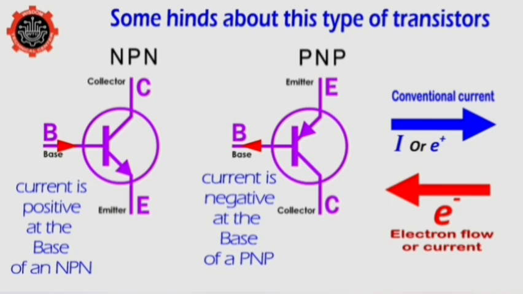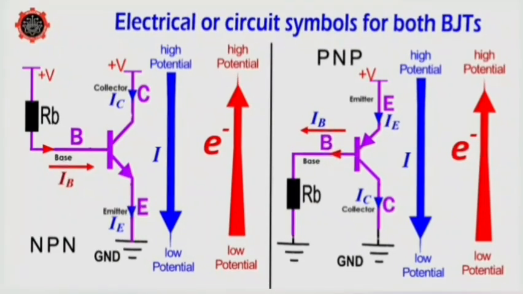Note and keep in mind that the flow of conventional current is opposite to the direction of electron flow, as you can see. So for the NPN transistors, the conventional current flows from a high potential to a low potential, whereas electrons flow from a low potential to a high potential. So just keep that in mind, okay?